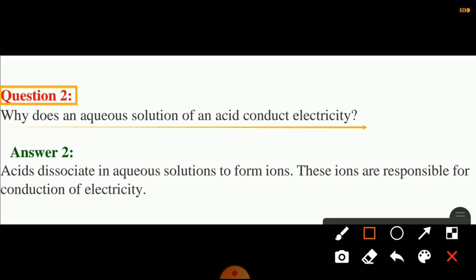To conduct the electricity, free ions should be there, and when the acids are mixed with the water, they dissociate in the aqueous solution and produce ions, and because of the production of ions, they are able to conduct the electricity.